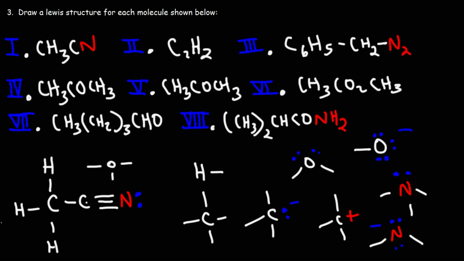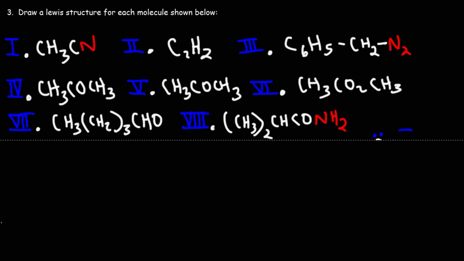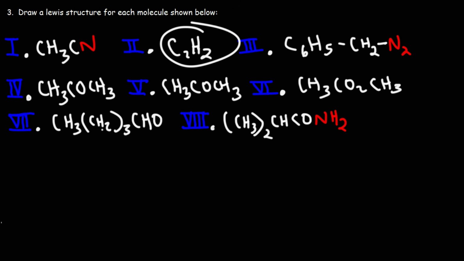So this is oxygen when it has a positive charge. It has 3 bonds and 1 lone pair. Nitrogen, when it has a positive charge, is going to lose the lone pair and gain a bond, so it's just going to have 4 bonds. So those are the things you want to know when drawing common Lewis structures of organic compounds. Now let's move on to number 2, C2H2.